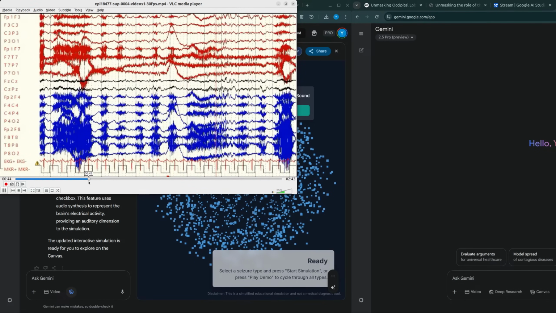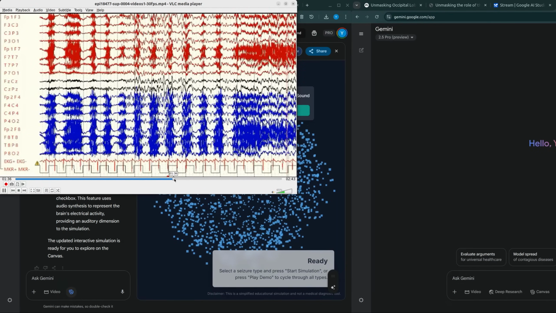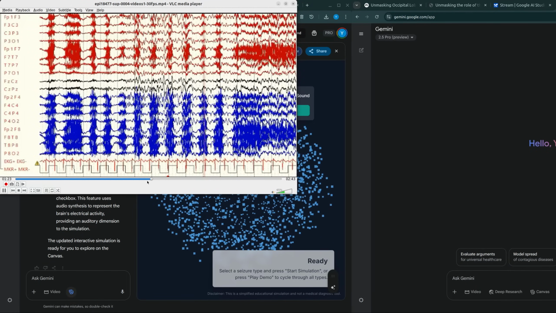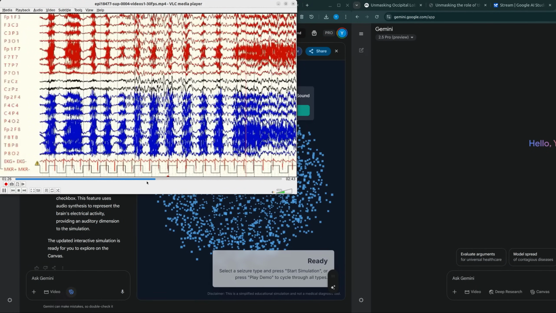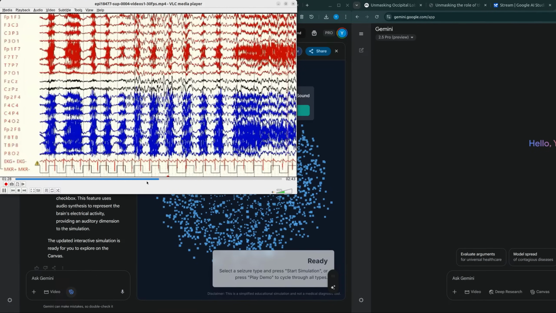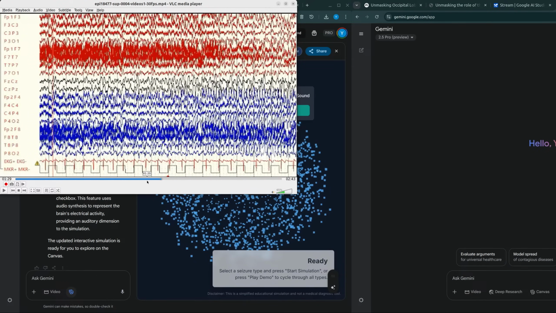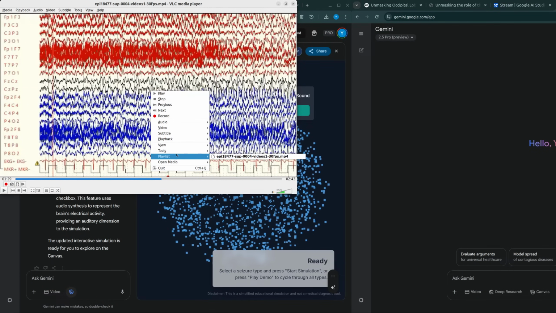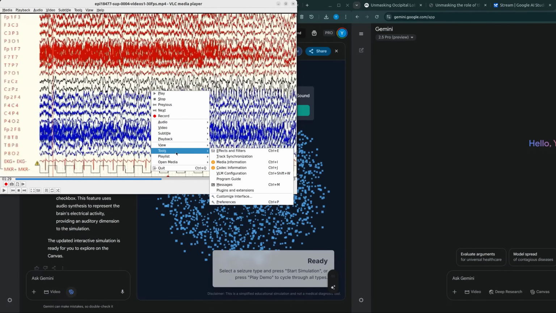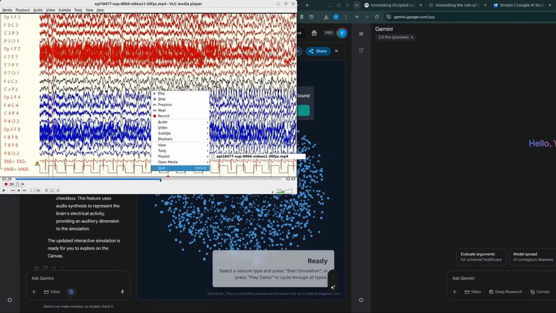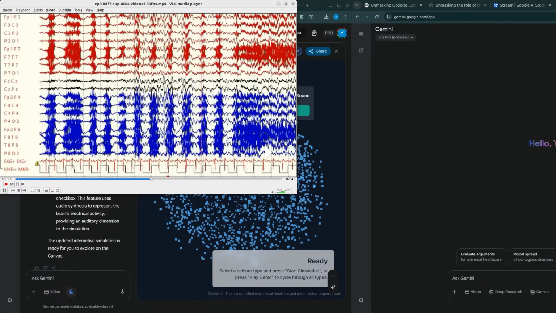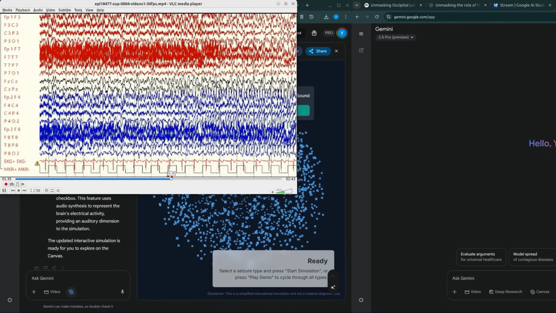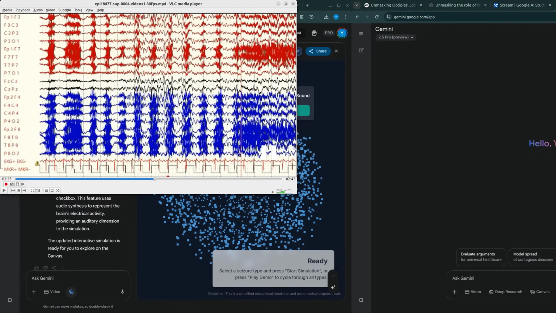Then we have some muscle, and then we have this one here. Should be fairly obvious what it is. Let's see if another model can get it right. One sec. So we have, let's do this too.